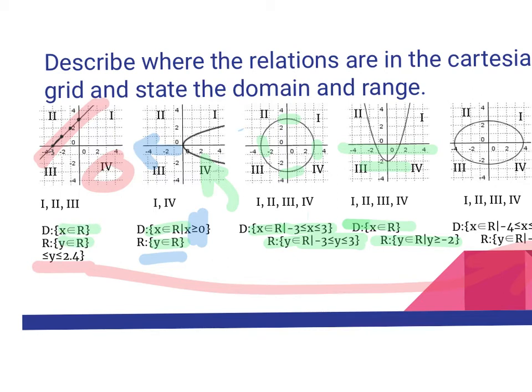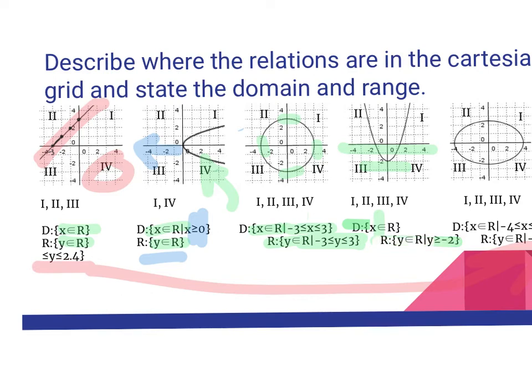So the way you read this is you say that the domain is, so d dot dot, and then your squiggly bracket, x is in the family, that's what this E means, of real numbers.